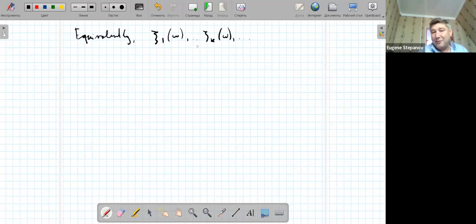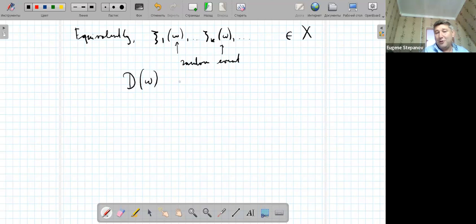Those are random elements, where omega is just a random event, and they are all in X. And now you have a random distance matrix. So D(omega) is a random infinite distance matrix, that is, the distance between psi_i(omega) and psi_j(omega), i, j from 1 to infinity.